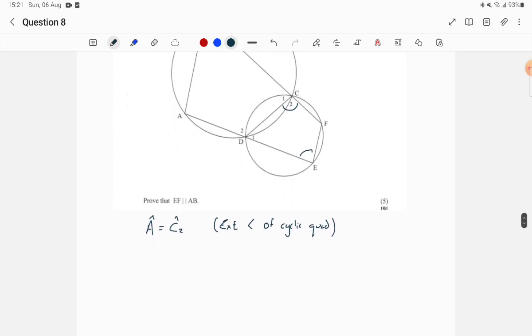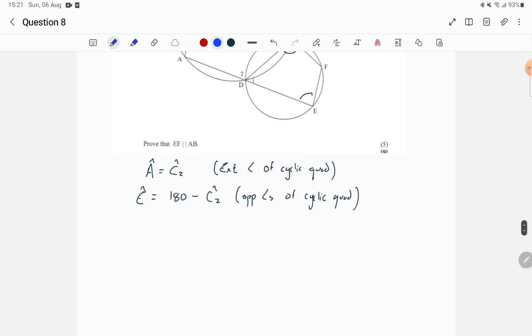So here in this instance, just to get it in terms of angle E, angle E is equal to 180 minus C2, which is opposite angles of a cyclic quad. You can say that they're supplementary. And thereafter, since C2 is equal to A, we can then replace C2 with A over here. So angle E is equal to 180 degrees minus A.